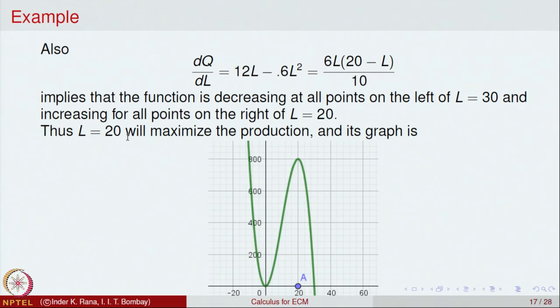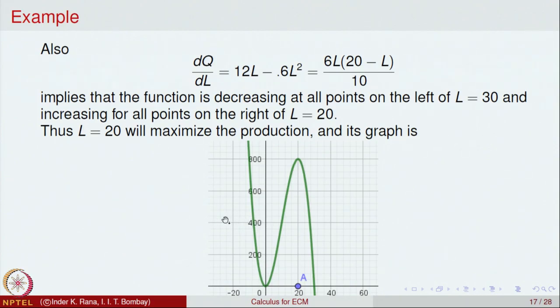Even if we want to analyze at 0, 0 will be a point of local minimum if negative values of L are allowed. But this is a graph of the function for L bigger than 0, and you can see at the point 20 there is a maximum value. This part of the graph is just for the sake of mathematics.